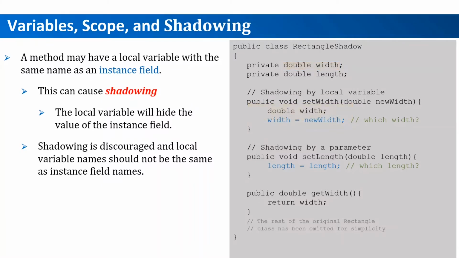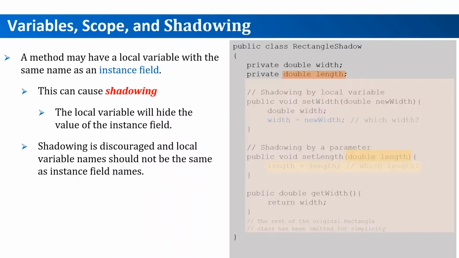Consider another scenario. This time, we declare a method's parameter variable to have the same name as the instance field length. Once again, Java will choose the length parameter variable over the field. So it will be as if the method variable length is set to itself, and the instance field will remain unchanged.